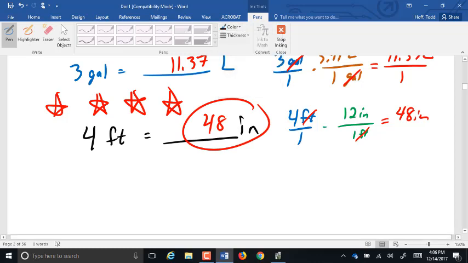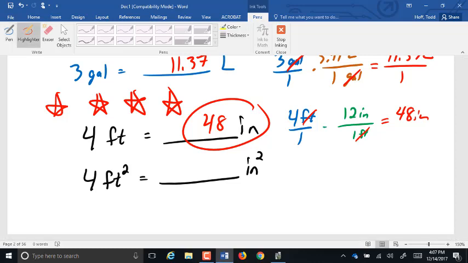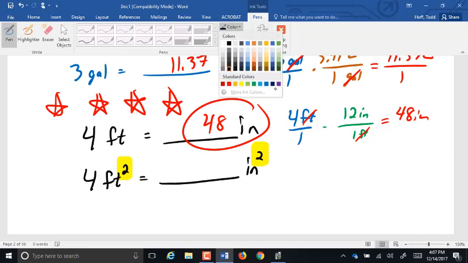The part that you got to be careful about is this part. What's different here? It's not feet being converted into inches anymore. It is square feet converted to square inches.